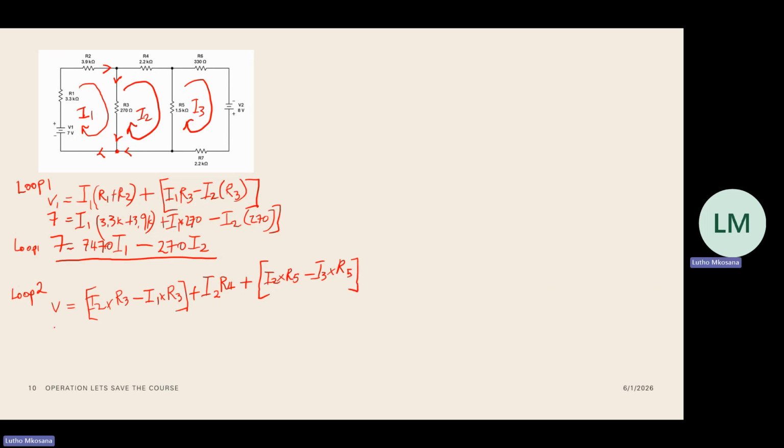Okay, now we're going to put everything in order. V is 0 in this case. And then we have I2 multiplied by R3.